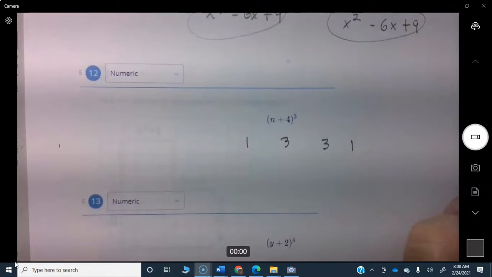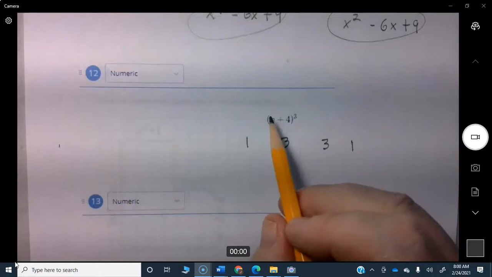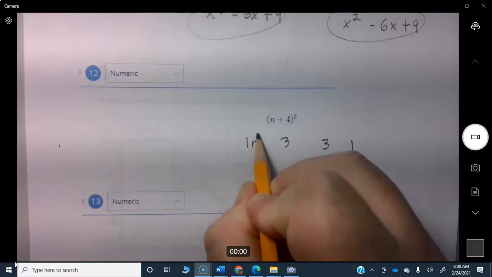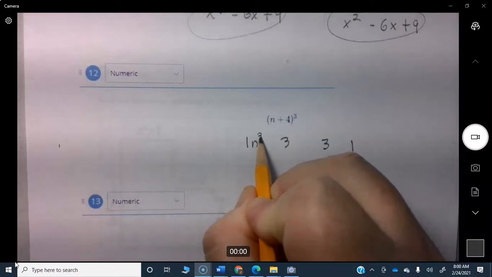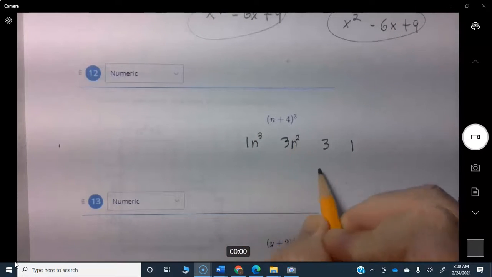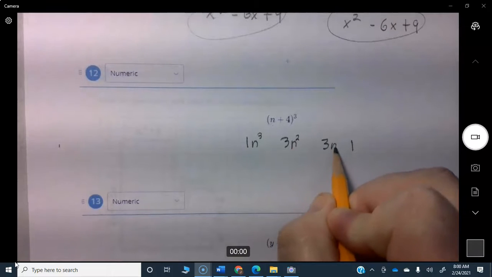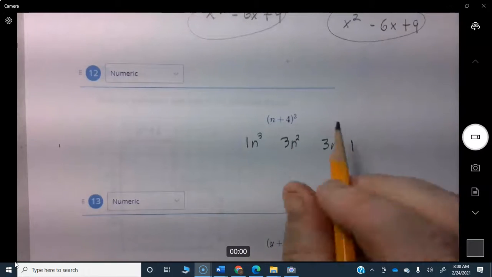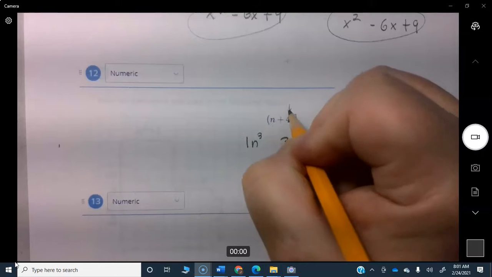Those are my coefficients. Now I start over on this side, and it's going to be n to the 3rd power, n to the 2nd power, n to the 1st power, and then no n at all. Okay, now your b here is 4.